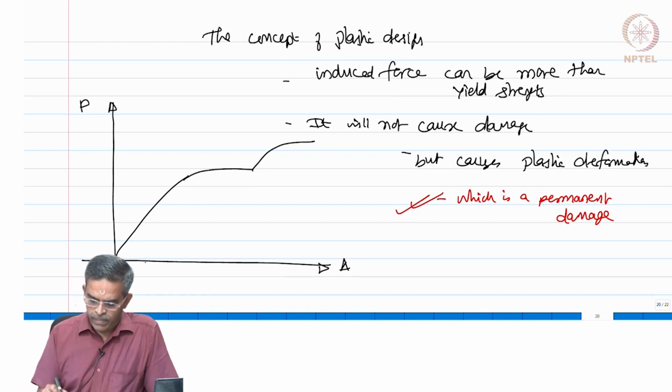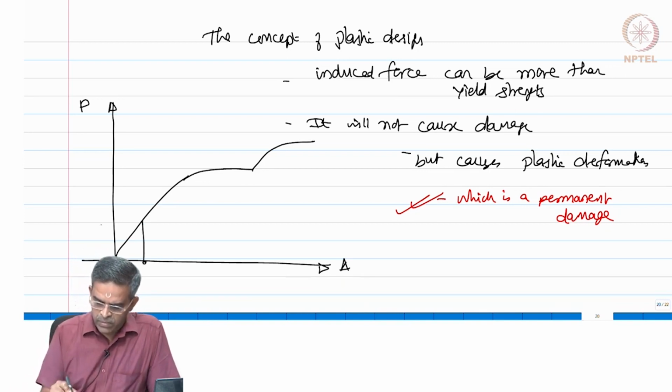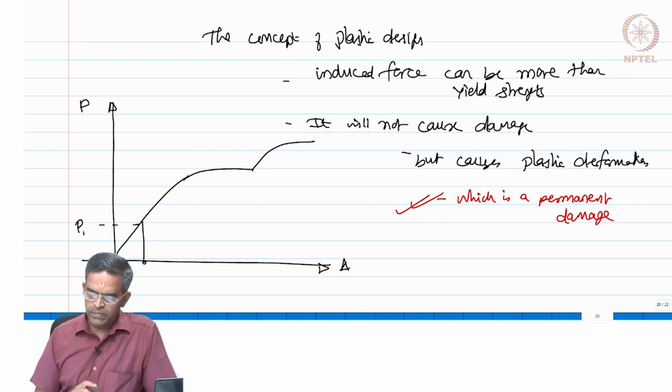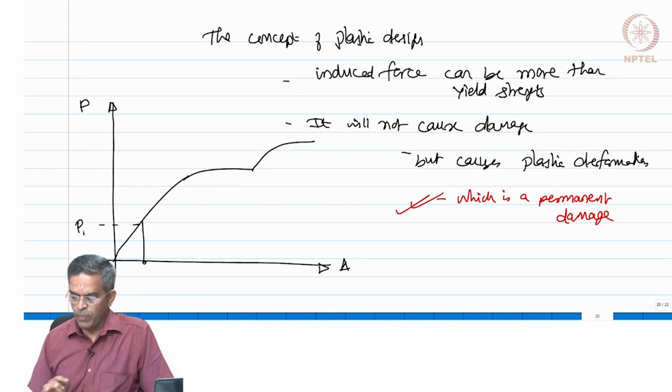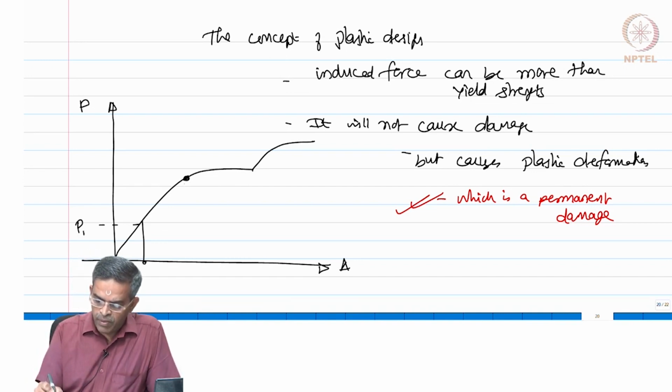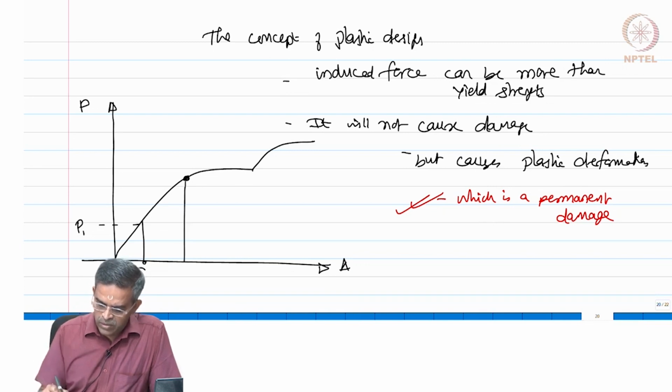Let us say at 1 you can have a load level which is load level 1, I call this P1, where no permanent deformation is caused. At level 2, the material has reached yield.